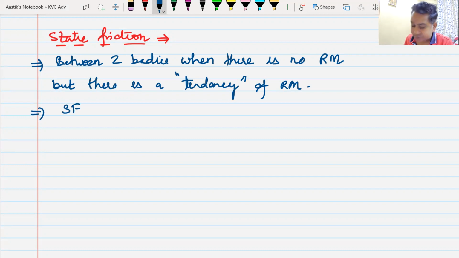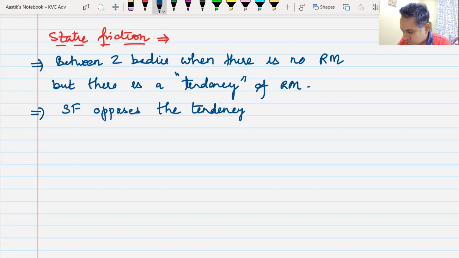Static friction opposes the tendency of relative motion.